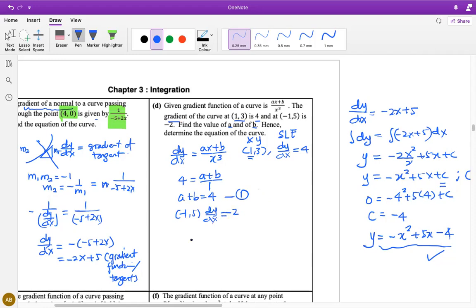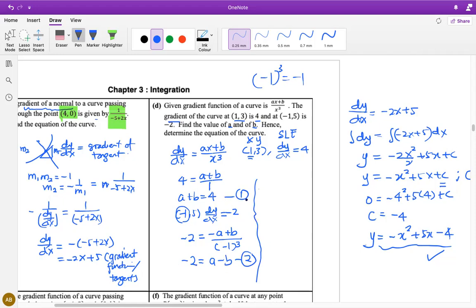So -2 equals (-a + b) over (-1) cubed. Negative 1 cubed gives negative 1, so negative and negative gives positive: a - b = -2. This is equation number 2. So we solve these two.